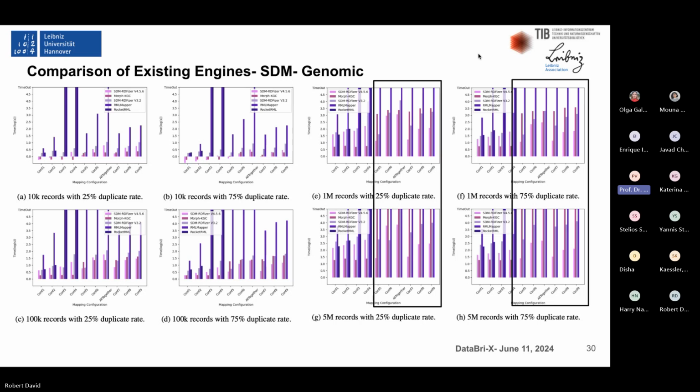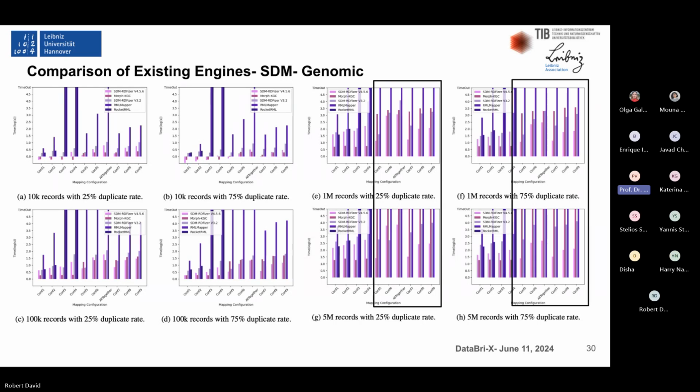Of course, in configurations where we don't have very large data sets or the mappings are not so complex, it's competitive. But when we do have these complex scenarios where memory can be consumed because the data sets are big or because the triple maps are complex, these results are showing that definitely the techniques that we have implemented in the SDM-Genomic are the ones that exhibit better performance.